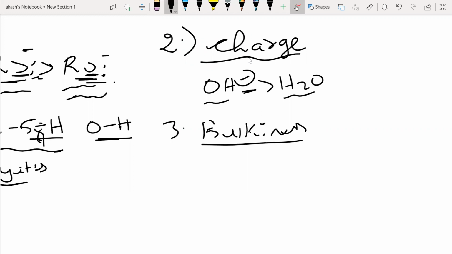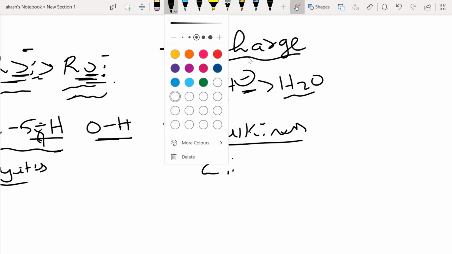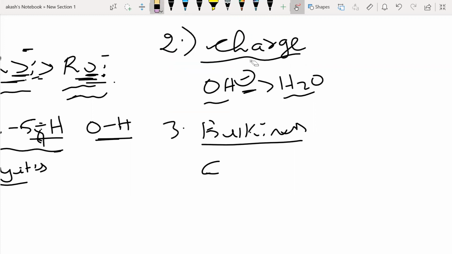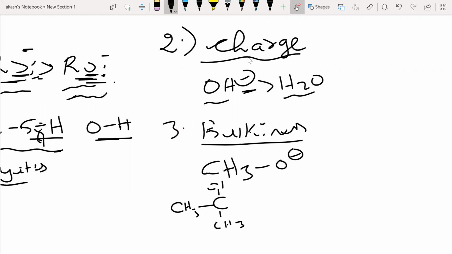Say if I give you an example like this, CH3O minus with, say, a tert-butoxide, O minus.